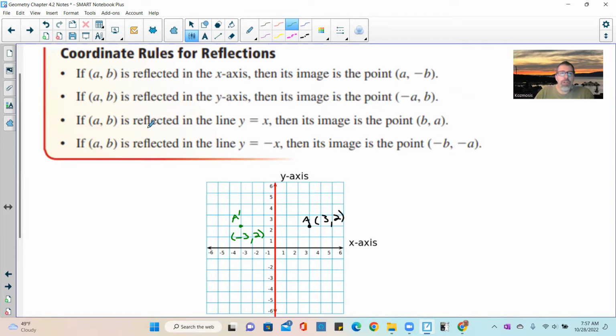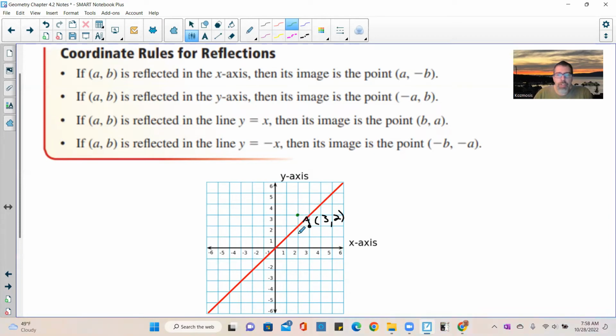Okay, so then if we're going to reflect the point A,B across the line y equals x, that is when we have this diagonal here. Let me put this right there and move this over here. So this is our third scenario right here. If A,B is reflected, so here's what we're going to do. Remember, you have to go diagonally. So a diagonal movement of 1/2, another diagonal movement of 1/2 would put me here.